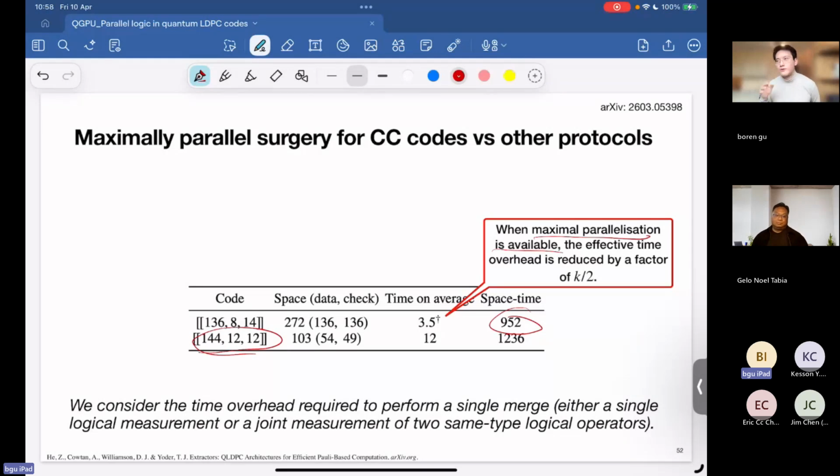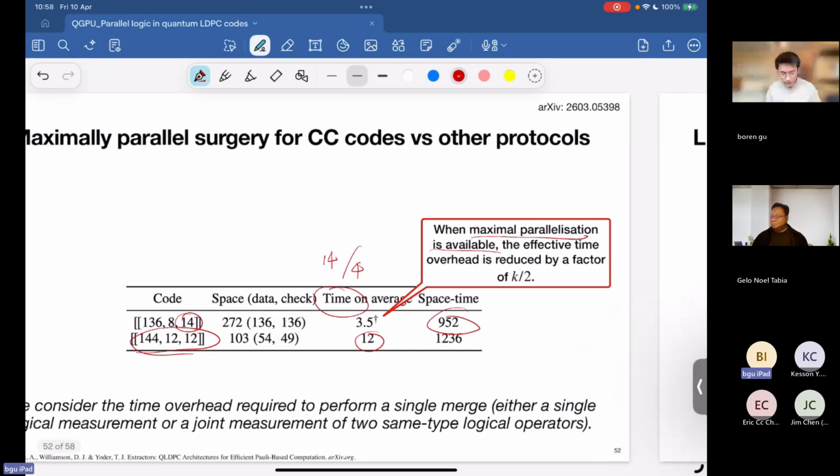And one thing worth noting is the time overhead, because it is highly related to the distance. They start with 12, which is the same distance as they do, and we start with actually 14. So it is 14 divided by 4. But they are still a fair comparison.